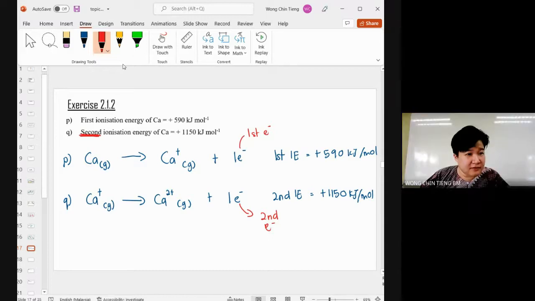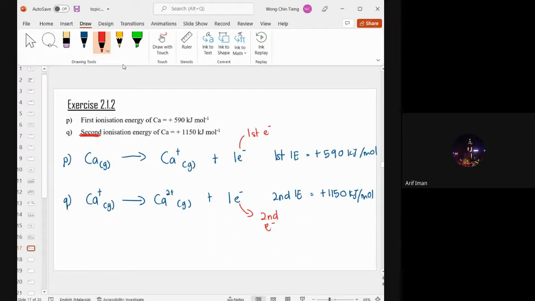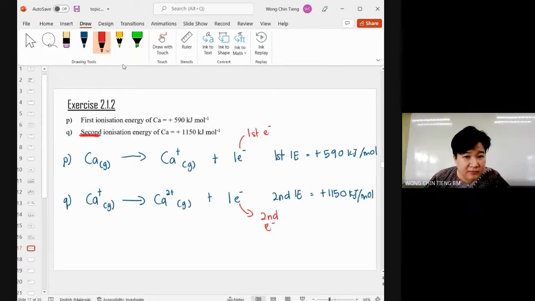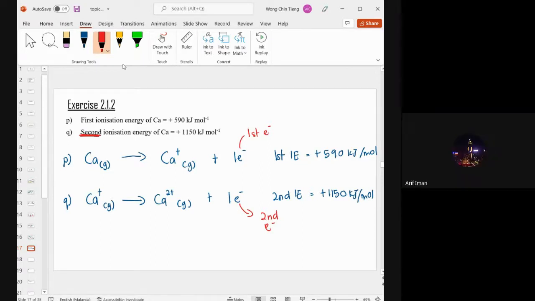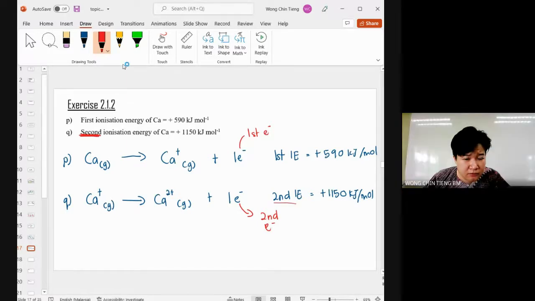Bukan buang. Sorry, Arif? 1180. 1 tu kosong. 1180. Tak faham. Tak dengar. Dia ada second IE. Second IE tu?